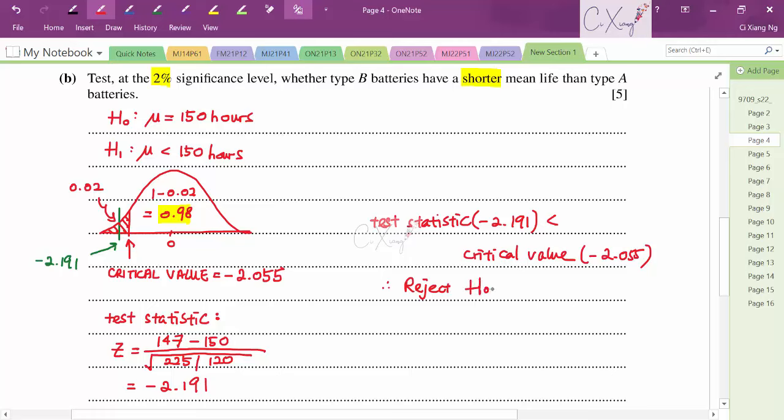And what is the conclusion when we reject the null hypothesis? It shows that there's enough evidence to show that the type B battery has a shorter mean life.